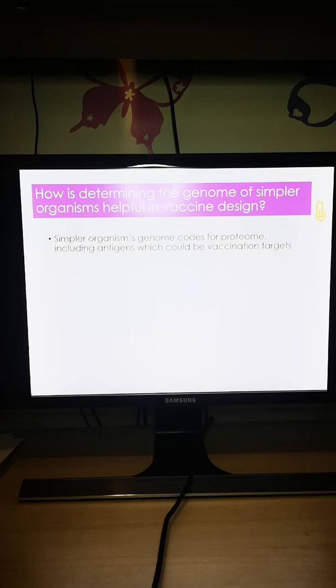All of the genetic information inside a virus basically codes for a protein or viral RNA or DNA. So we can start with that coding information, the genome, and we can work out things like antigen proteins from that, which can help us then to target them in vaccination.